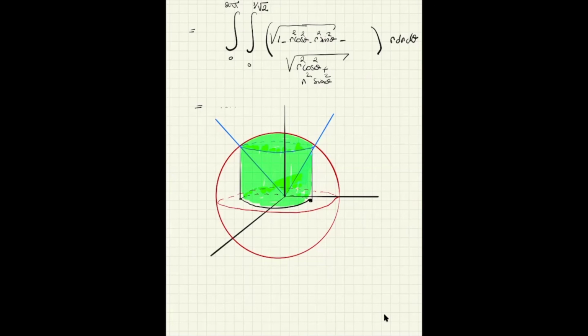I was not really clear. When we remove this one here, thanks for asking everyone, it gave us exactly the solid between the sphere and the cone.